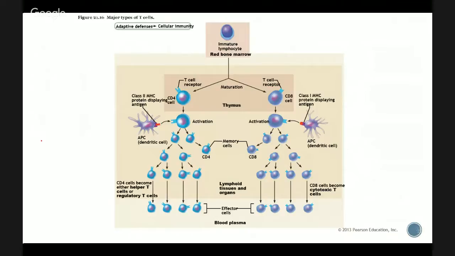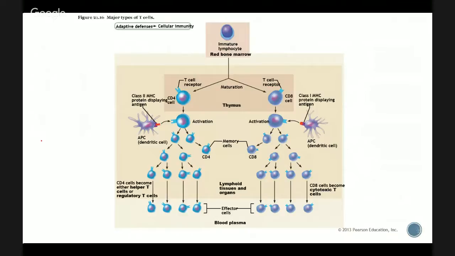So the class 1 MHC antigen, or I should say the class 1 MHC, they're found in all body cells except for the red blood cells. And it says way in the bottom of 5 and up to the top of page 6. And they display antigens synthesized from within the cell. So if you have a cell that is infected with a pathogen, then the antigen that would be presented will be coming from the class 1 MHC protein.